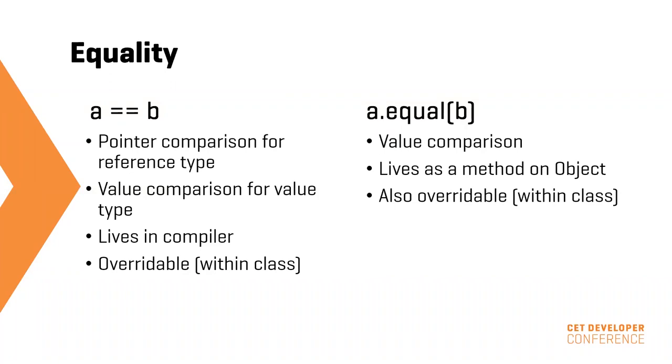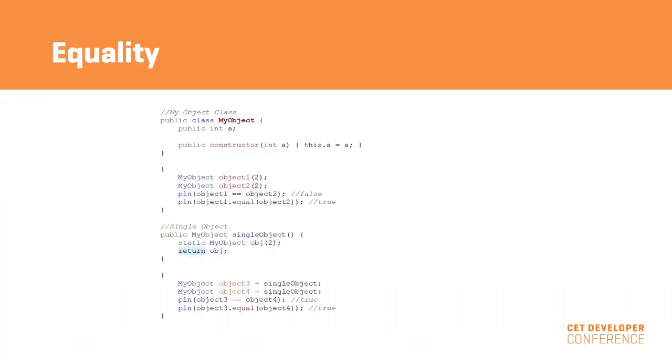This is a method that lives on object. This is a value comparison, so it will check your fields, and it can also be overridden because it is a method. So this is what I mean: the double equals doesn't necessarily mean the same thing as dot equals.